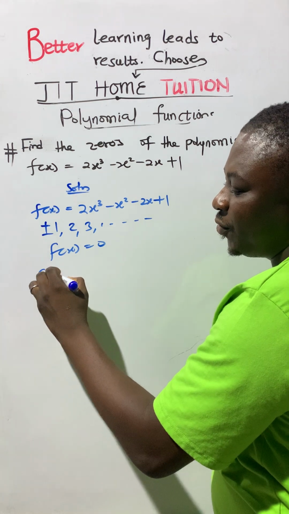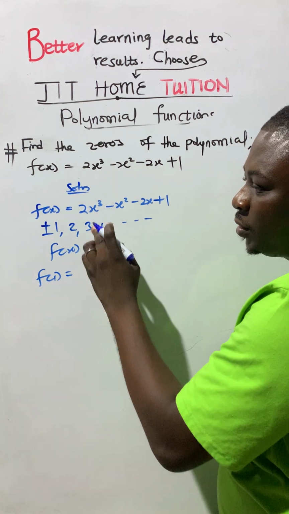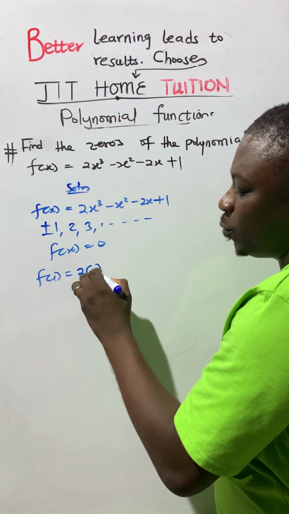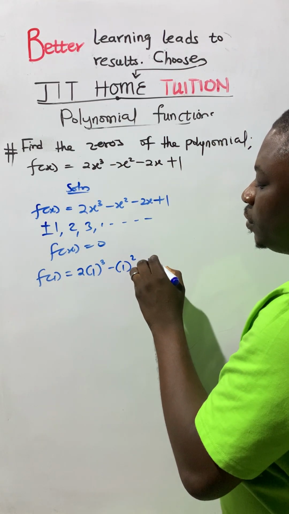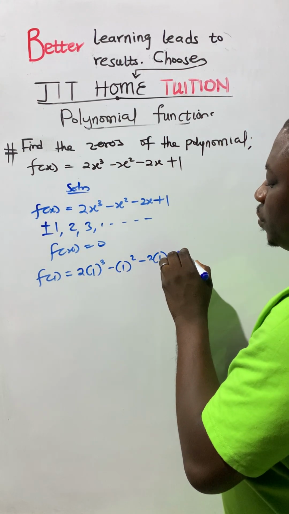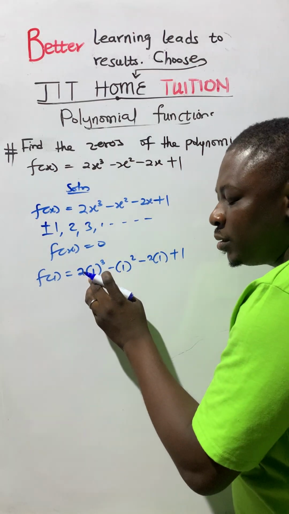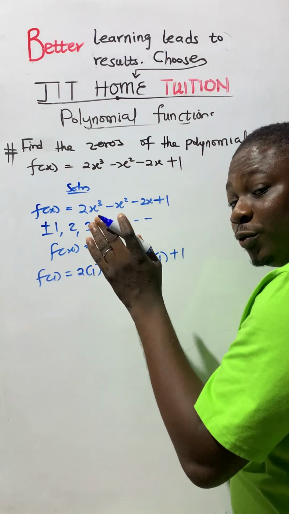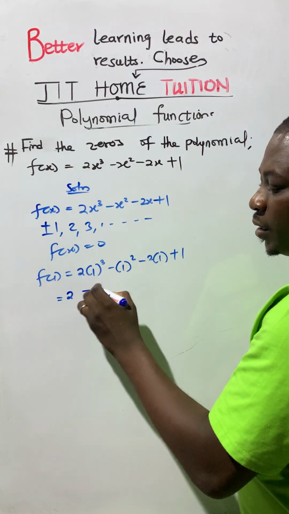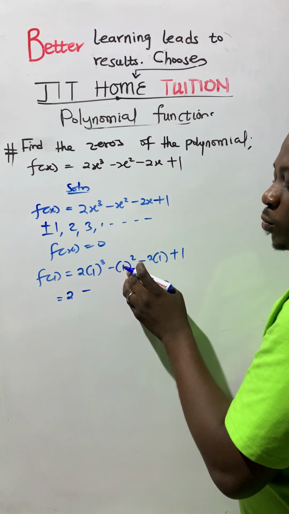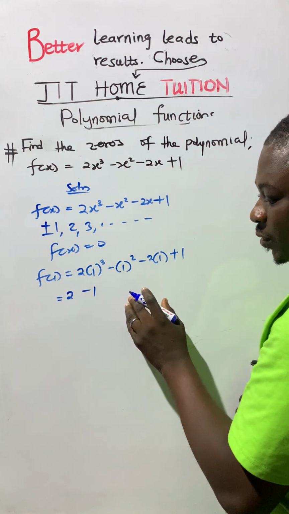So when x is equal to 1, you have 2 multiplying 1 cubed, then minus 1 squared, then minus 2 times 1, plus 1. Now 1 cubed gives 1, times 2 is 2. Then 1 times 1 gives 1, so you have minus 1.